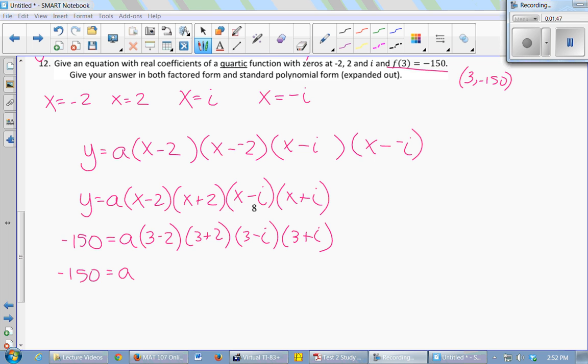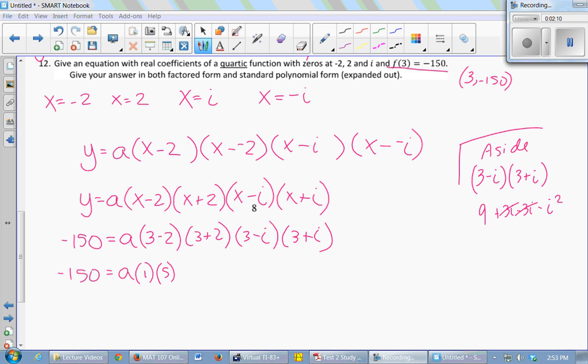Okay, so this says -150 equals a times 1 times 5. And then 3 minus i times 3 plus i, I would just FOIL that, and I can do a little aside over here. 3 minus i, 3 plus i, that's going to be 9 plus 3i minus 3i minus i squared.